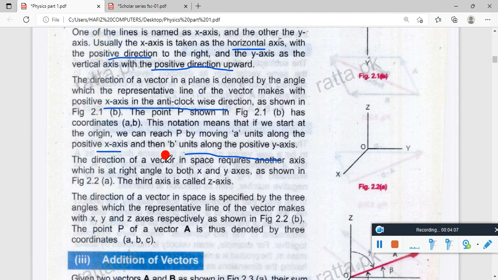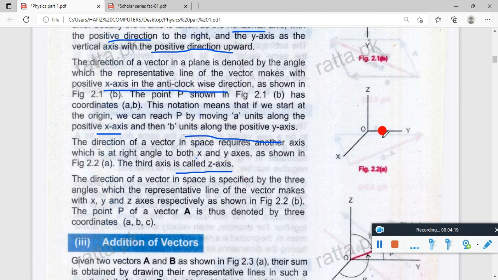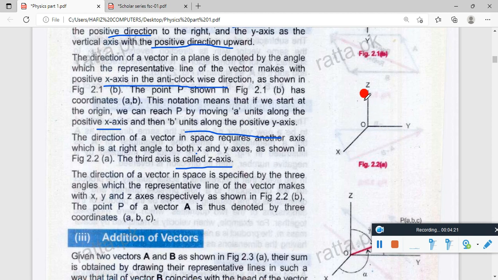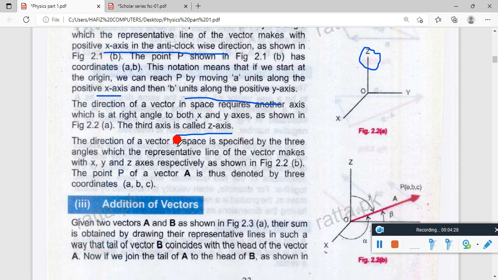The direction of a vector in space requires another axis which is at right angle to both the x and y axes. As shown in figure 2.2a, the third axis is called the z-axis. For the direction of a vector in space, or 3D, we require another axis, which is this one, the z-axis. The direction of a vector in space is specified by three angles which the line of the vector makes with x, y and z respectively, as shown in figure 2.2b.